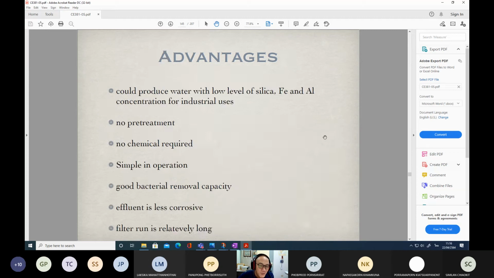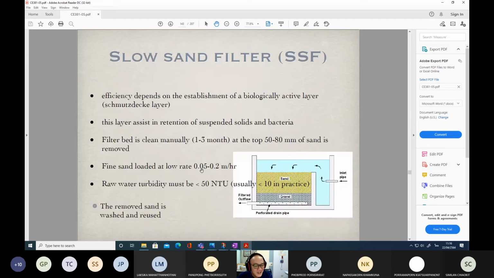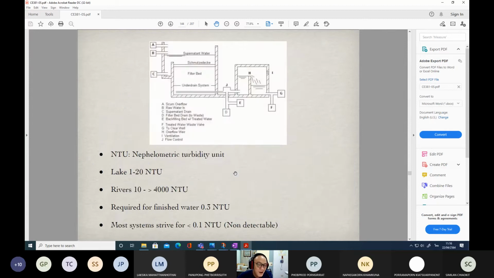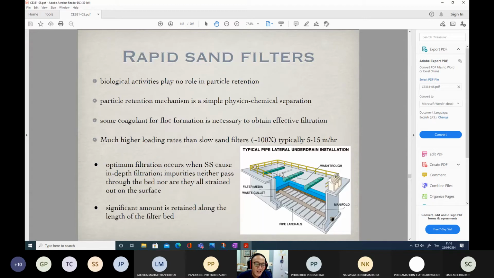If you compare it with the slow sand filter, which can process 0.05 to 0.2 meters per hour, it is a lot faster, approximately 100 times faster than the slow sand filter in terms of the filtration rate. Biological activity plays no role because the filtration rate is very high.